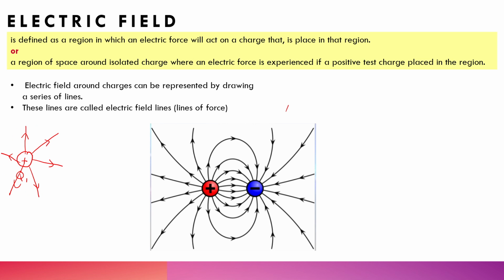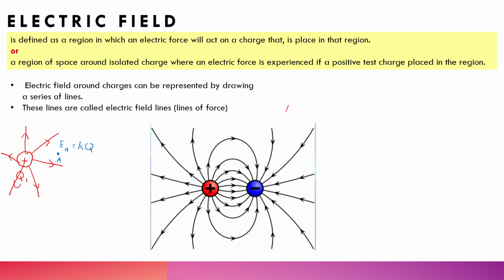This charge will experience the electric force. For example, at this position, let's say we name it as position A or point A. So here we can find what is the electric field strength at point A. So we can put as EA, where the equation is equal to KQ.